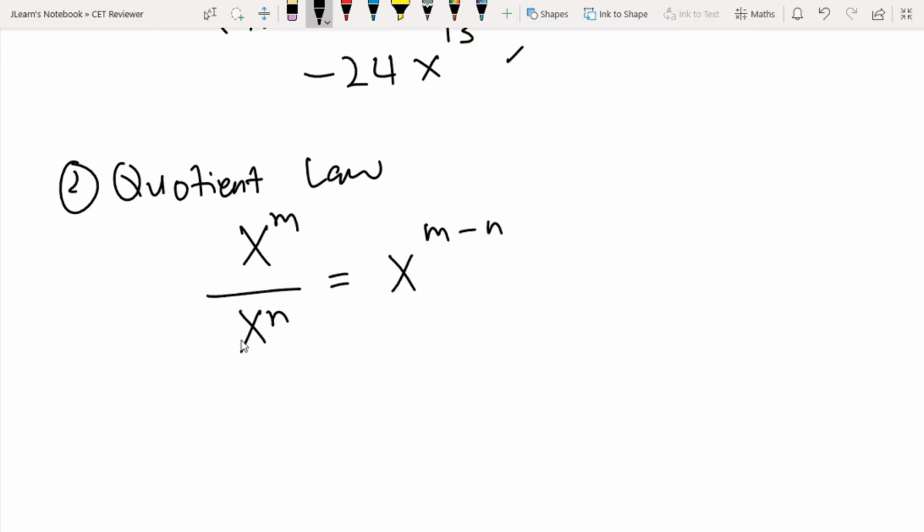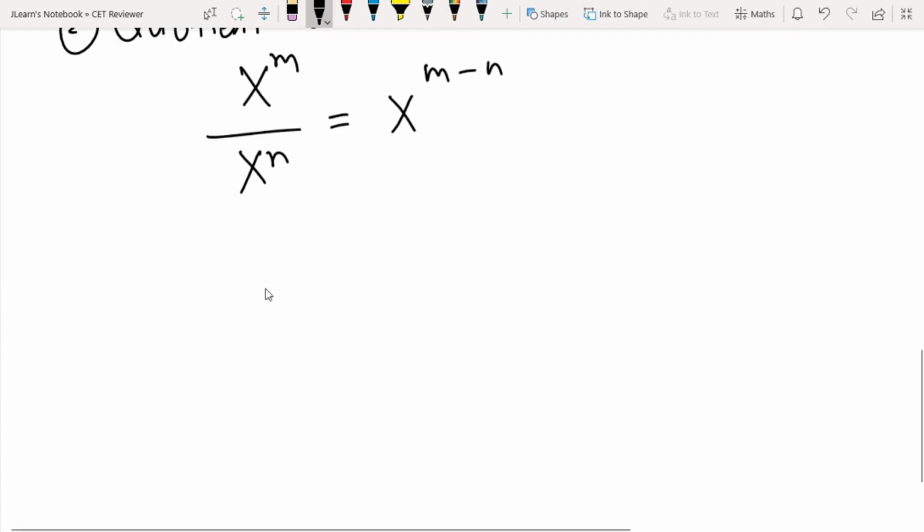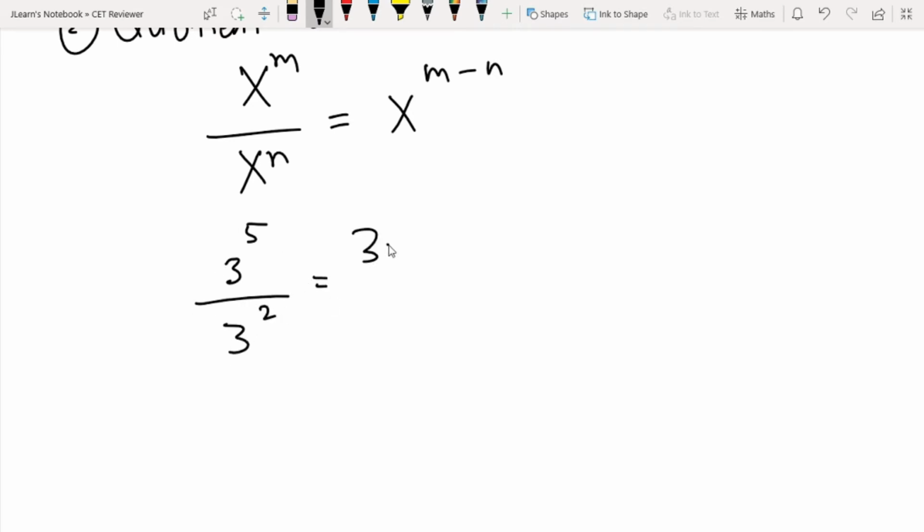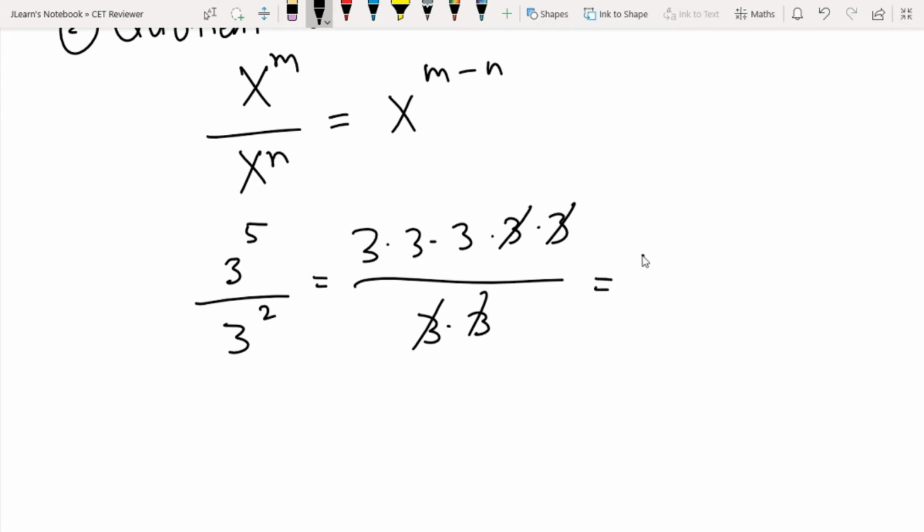This is also easy to prove. Say you have 3 raised to 5 over 3 squared. If you expand 3 raised to 5, this is 3 times 3 times 3 times 3 times 3, and 3 squared is 3 times 3. Then you cancel the common terms, so you are left with 3 threes, equal to 3 cubed, which is also equal to 3 raised to 5 minus 2.